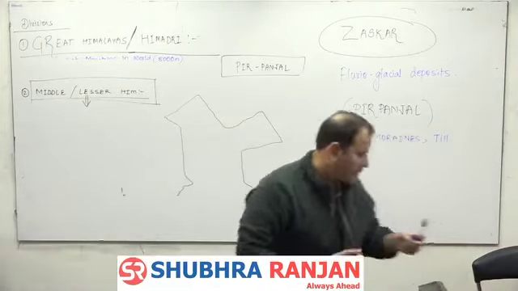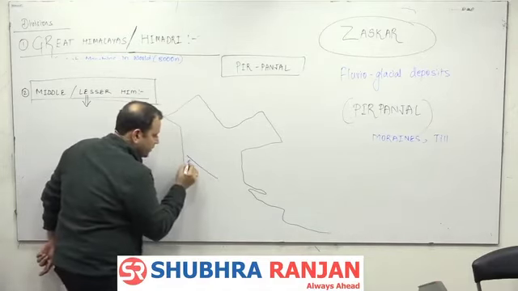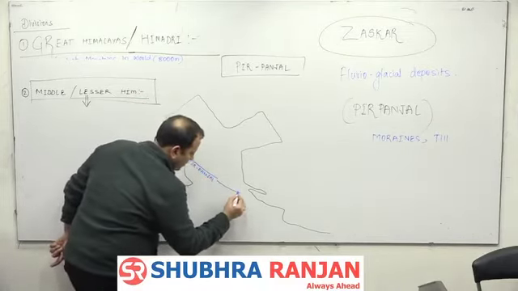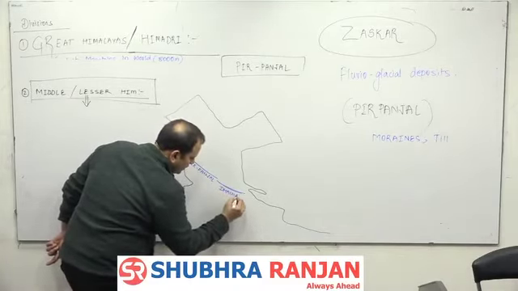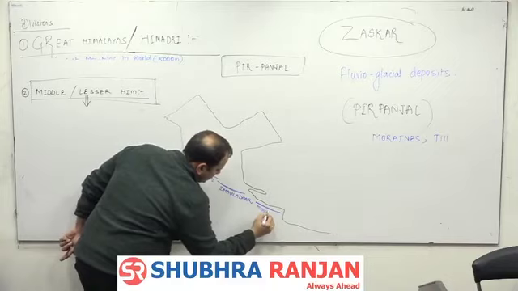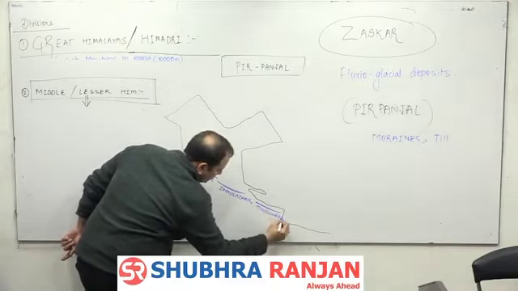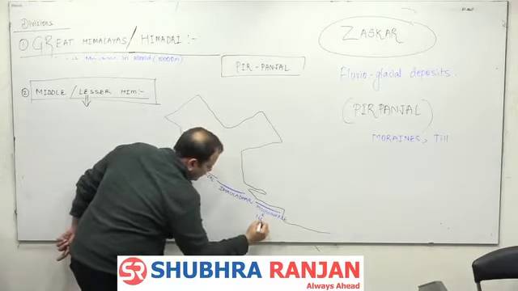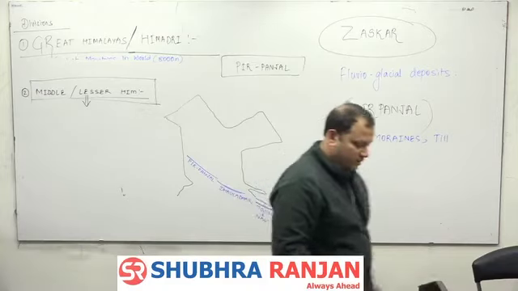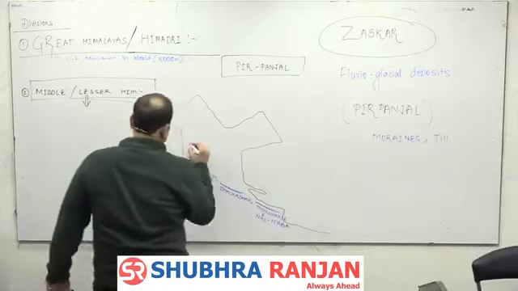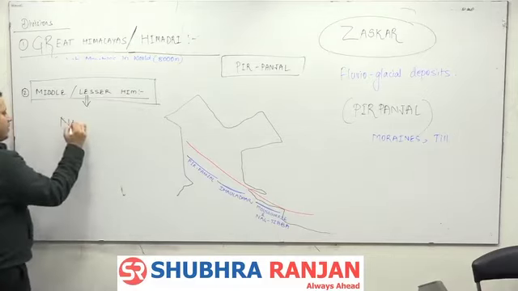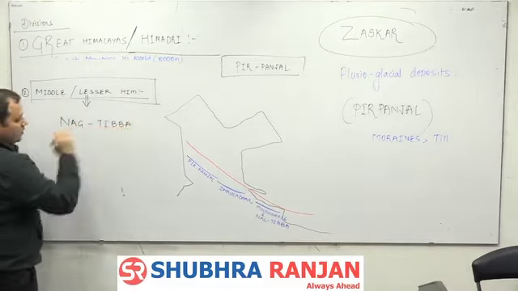That is, they are known as Pir Panjal in Jammu and Kashmir, Dhauladhar in Himachal, and Mussoorie, if you want to remember, you can remember the other name also, Nag Tibba in Uttarakhand.